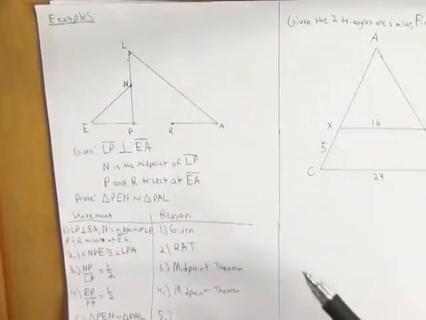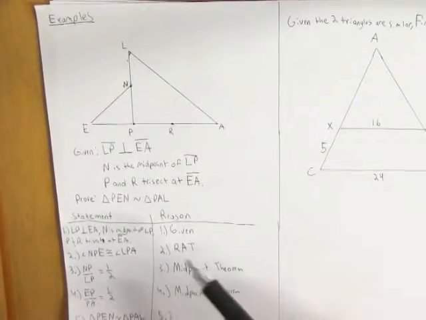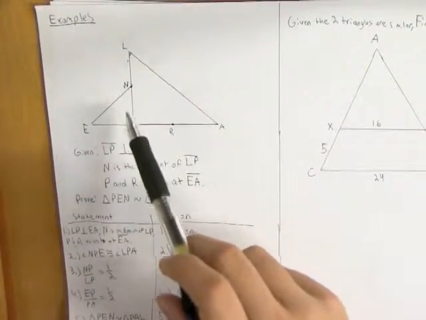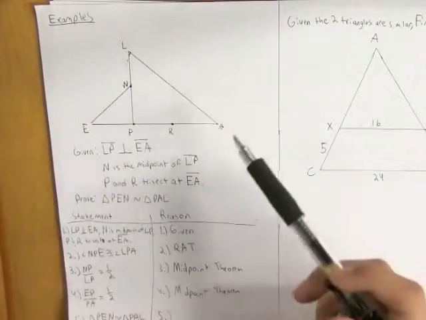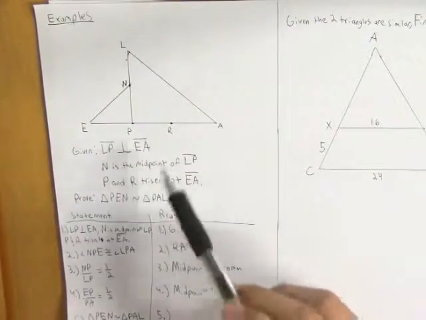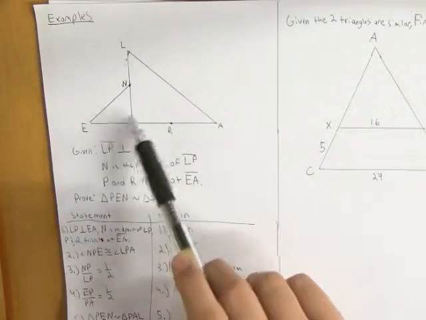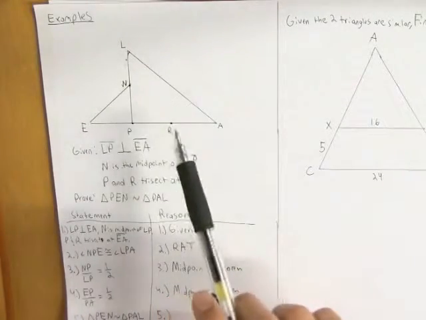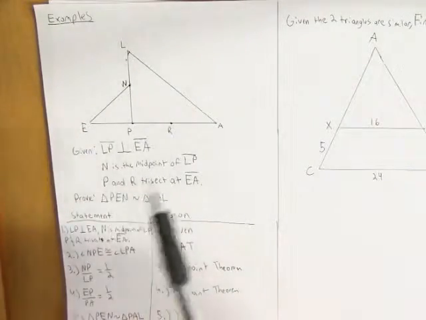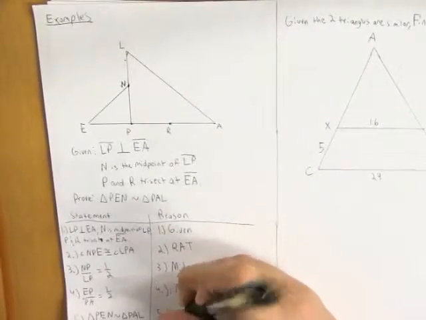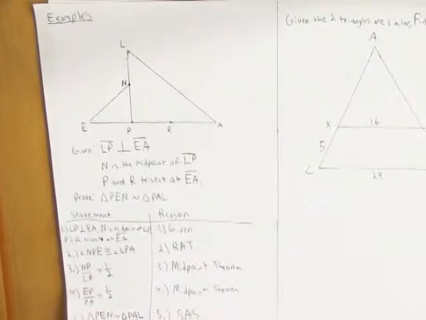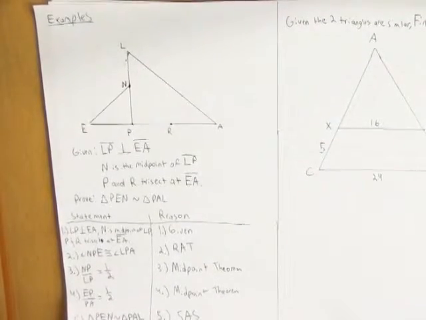Now because of this, the ratio is 1/2, so the proportion of these sides to that side is 1 to 2. And since we have this angle and these two pairs of sides, that would be the SAS. So we prove those two triangles are similar through side angle side.